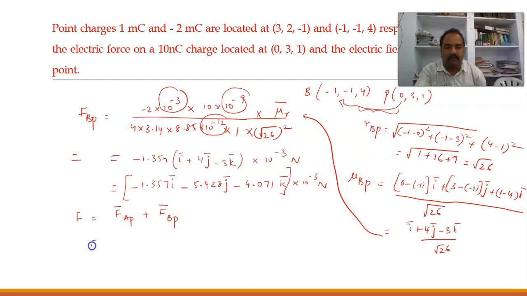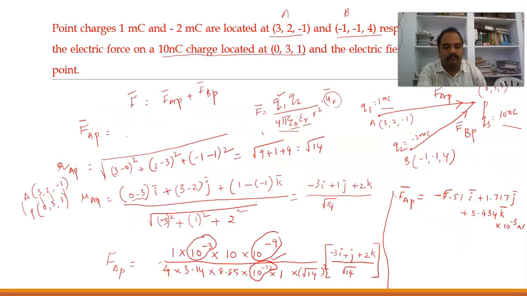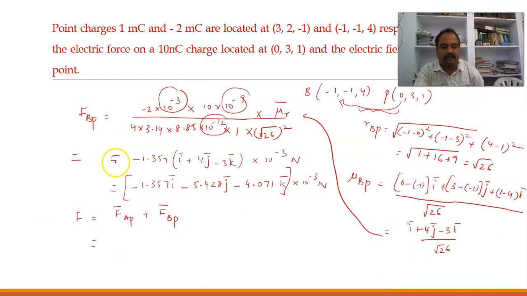So what I must do is add both these things. If we see in the last slide, this was the expression, right? So I will write this one here.